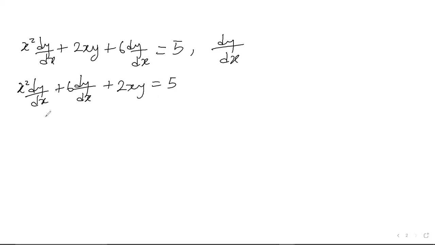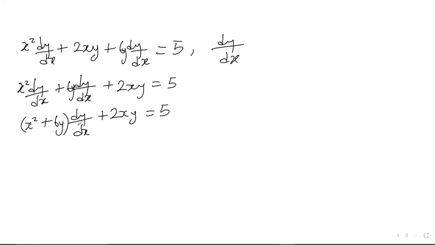So we factor out dy/dx here. So you have x squared plus 6y, sorry, this is 6y. Factor it out, that would be 6y, dy/dx now outside, plus 2xy equals 5.